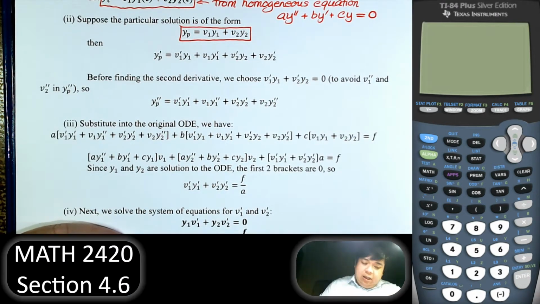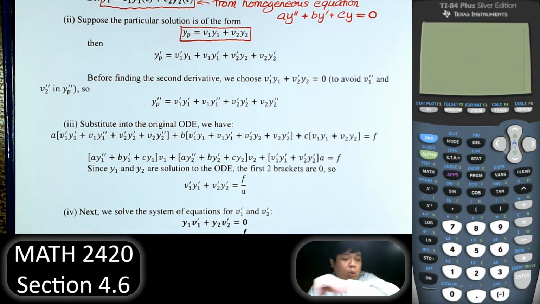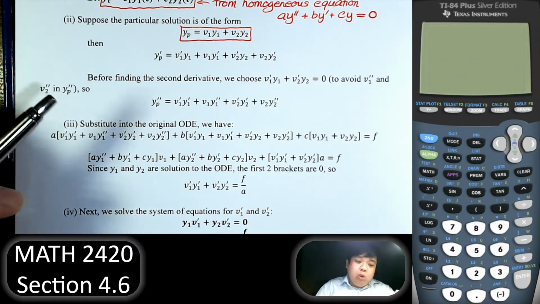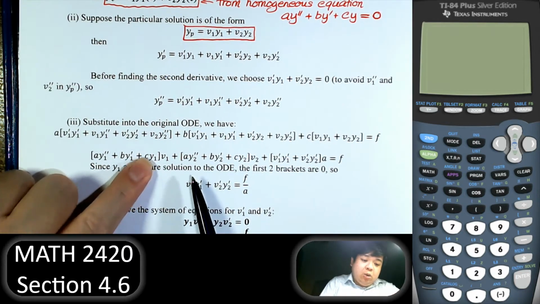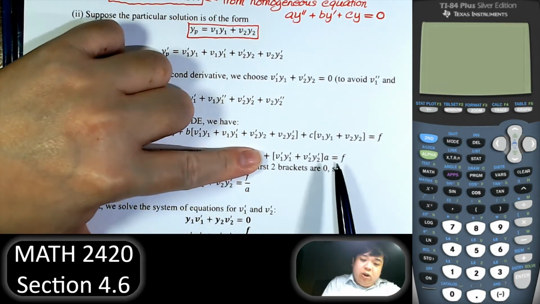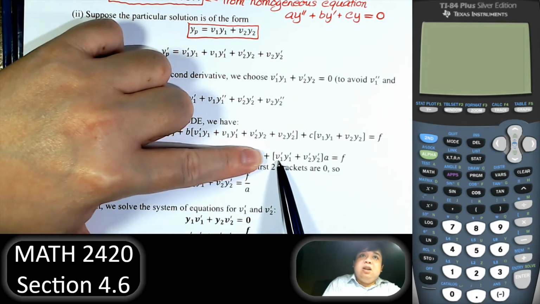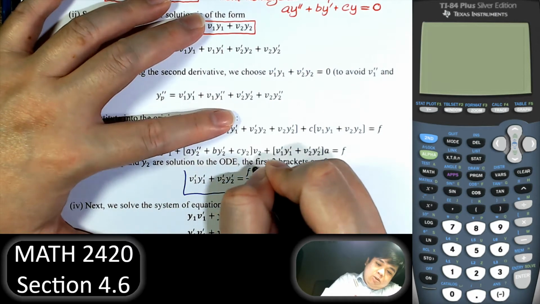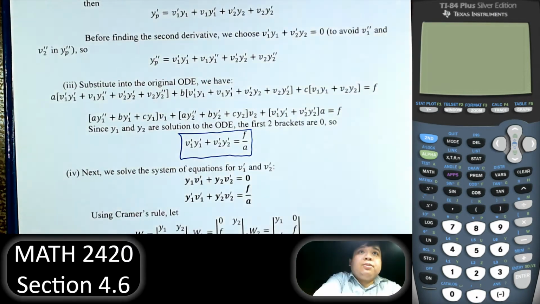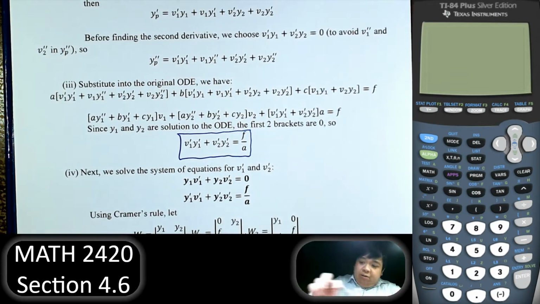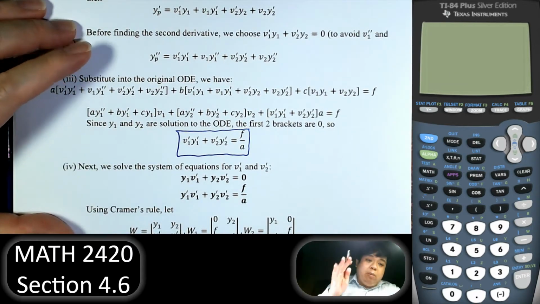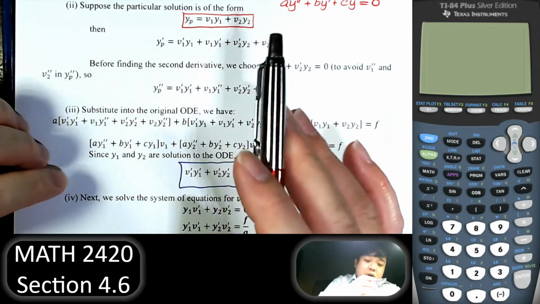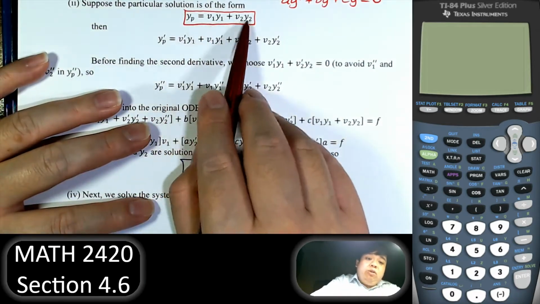But since y1 and y2 are solutions, this bracket equals 0, this bracket equals 0, and we're going to have this, which gives us this one. Once again, it is very important that the particular solution will be in this form of variation of parameters.